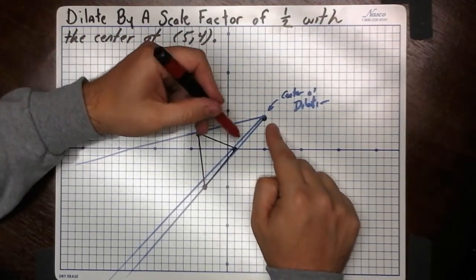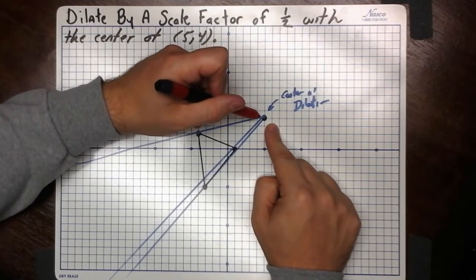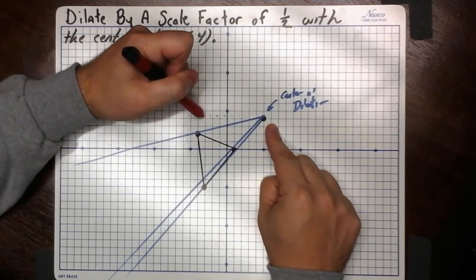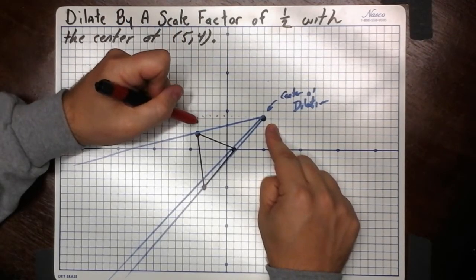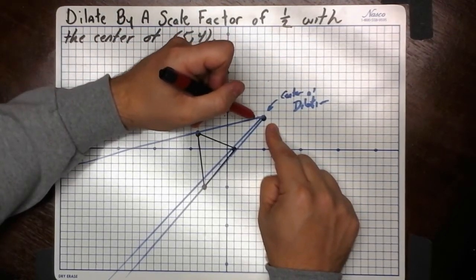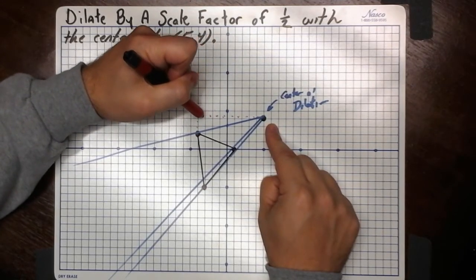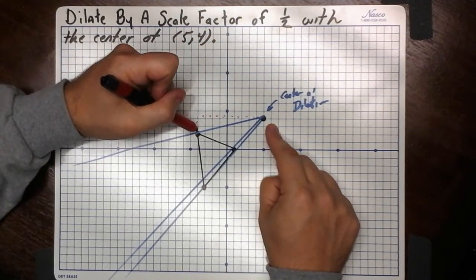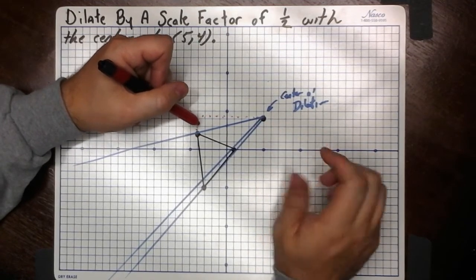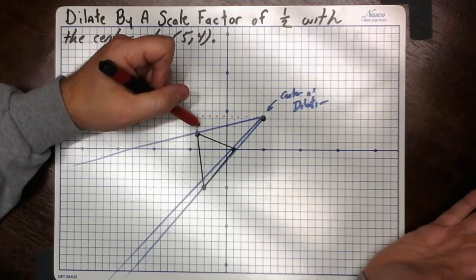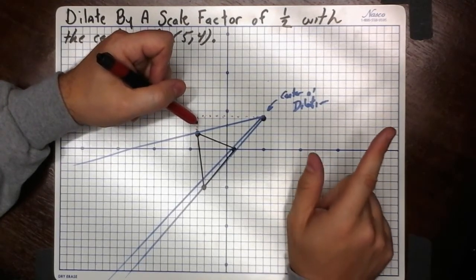So there's some counting I've got to do here. This point is 1, 2, 3, 4, 5, 6, 7, 8, 9 away, and 2 down. Okay, well, what's half of 9? 9 over 2, of course, or 4.5.